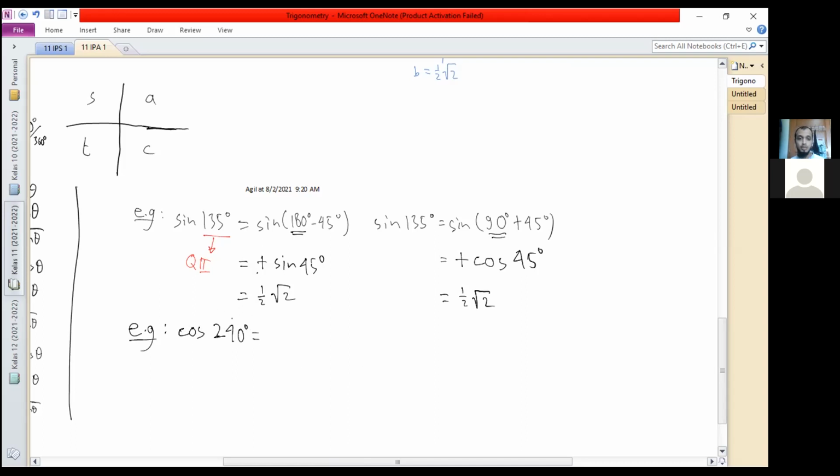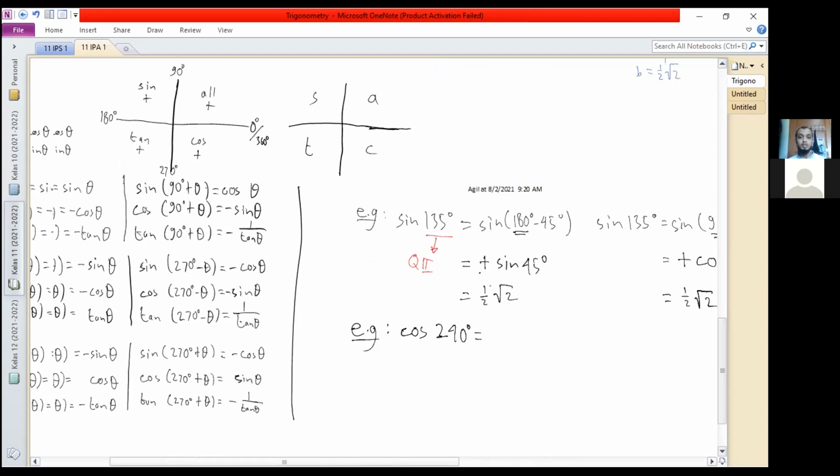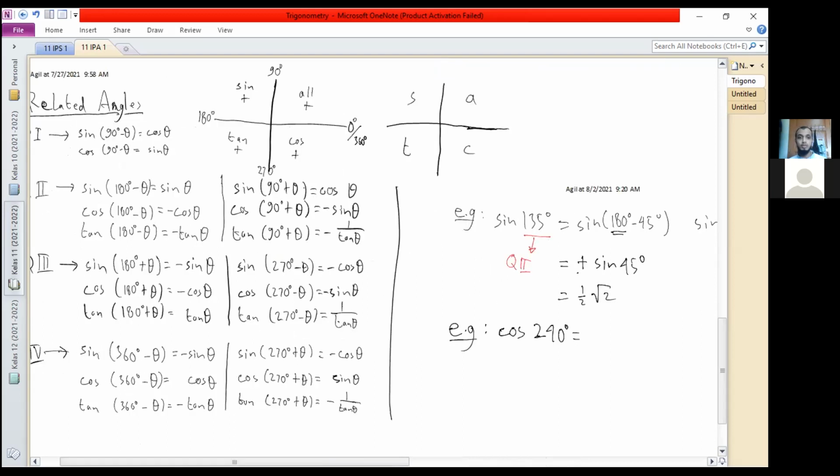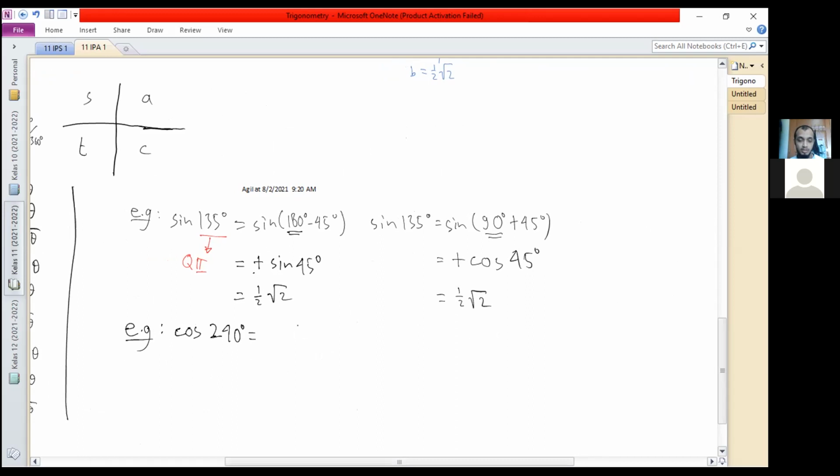Okay, which quadrant does it belong to? So 240 is between 180 and 270, so it's on the third quadrant. Okay, let's keep that in mind now.